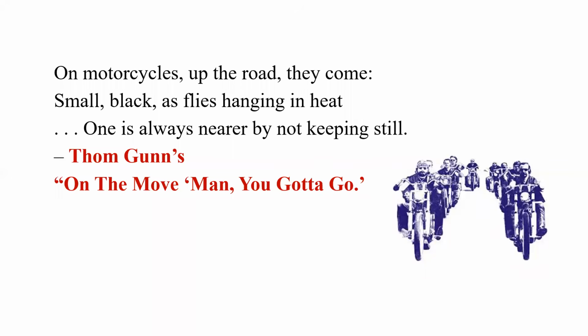So it's a kind of perspective. Someone is looking at the arrival of these bikers. In the distance, they look like flies hanging in heat. And they come and they go through this street, the market, and they go away. But the speaker says, I'm stuck in life. At least they are on the move. One is always nearer by not keeping still. So we have to move on. We have to live this life. We can't be stuck in time.